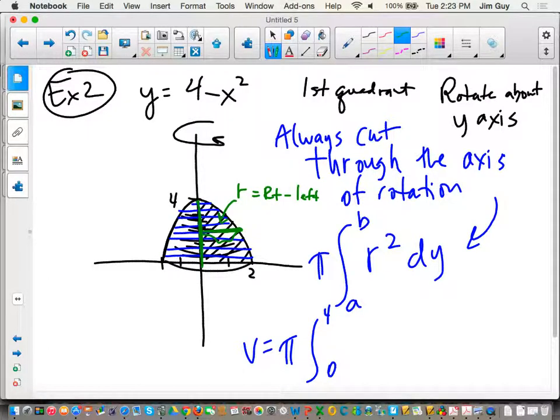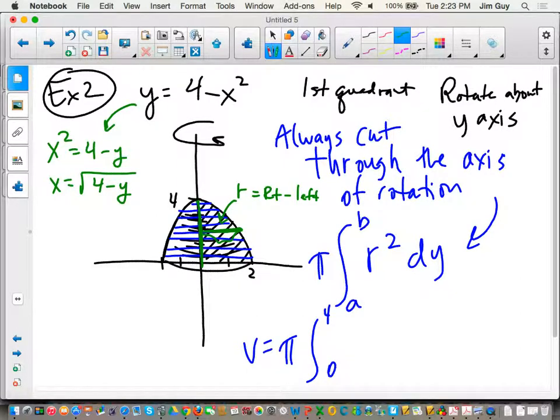Well, the equation is 4 minus x squared. But this is a dy problem. I can't have x's in there. I need to take my equation and I want to solve it for x. I get x squared equals 4 minus y. X equals the square root of 4 minus y.